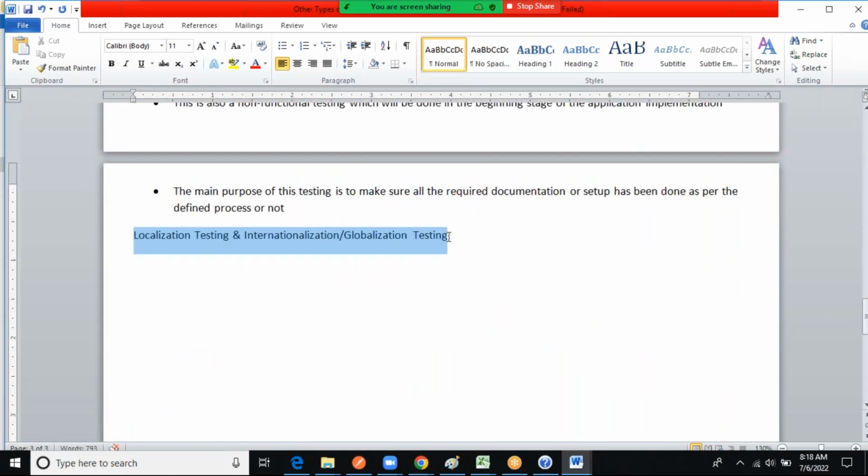Anyone, by seeing these words, can you tell what is localization, what is internationalization or globalization testing? What is internationalization? Is the application acceptable for global markets or not?